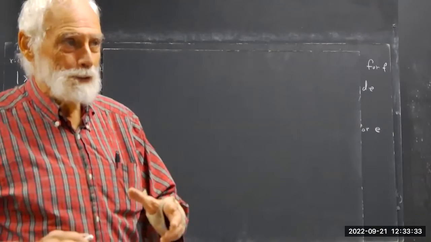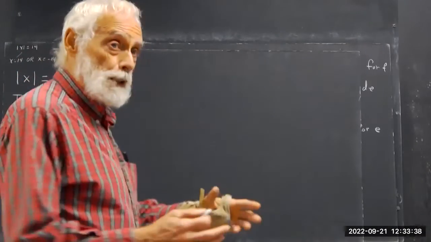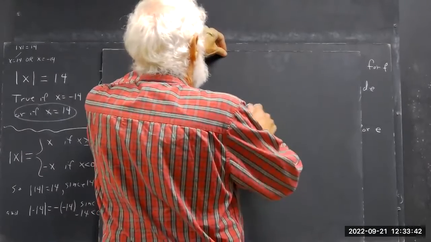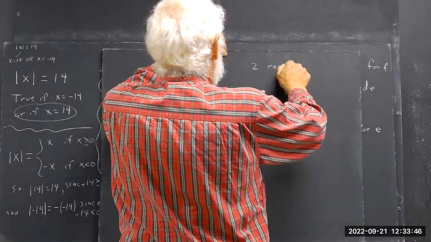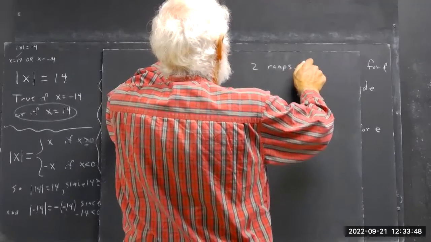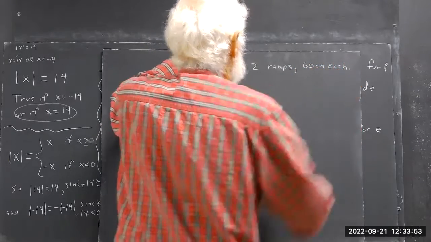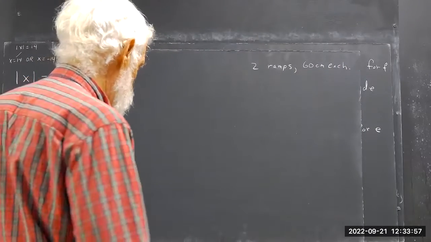But if we confine ourselves to things we can really see here in the lab, things you've had your hands on, it makes more sense. Okay, so 2 ramps, 60 centimeters each.